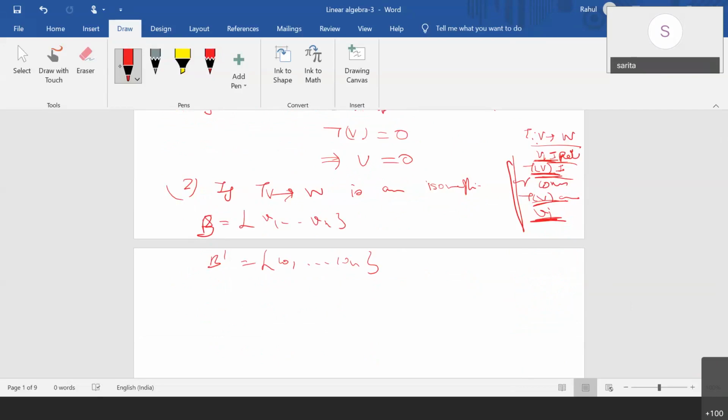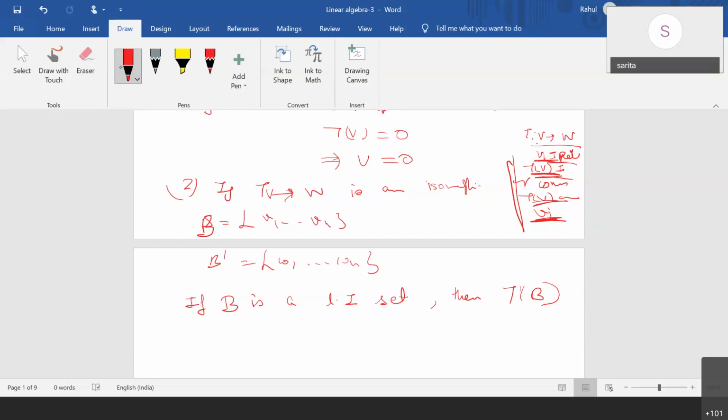So the theorem says, if T is an isomorphism and B is a linearly independent set, then prove that TB is a linearly independent set.